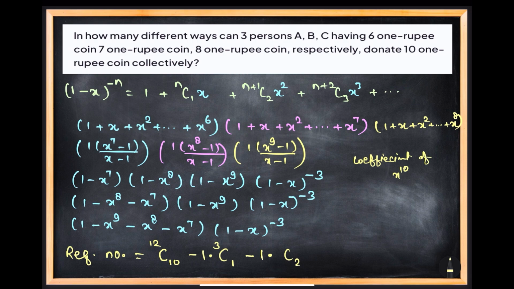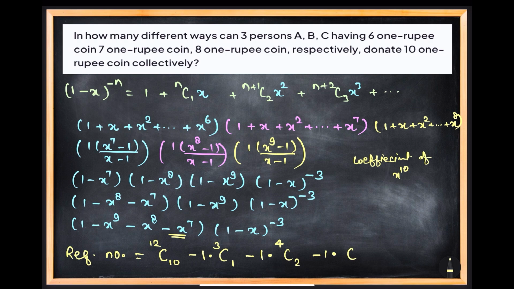Lower subscript 2, 1 less than 2 is 1, so it is 4. Now suppose he wants to fight. He is having minus 1 and x to the power 7. He will fight with the person who has x power 3.